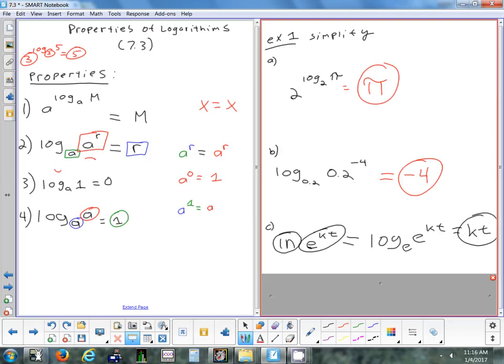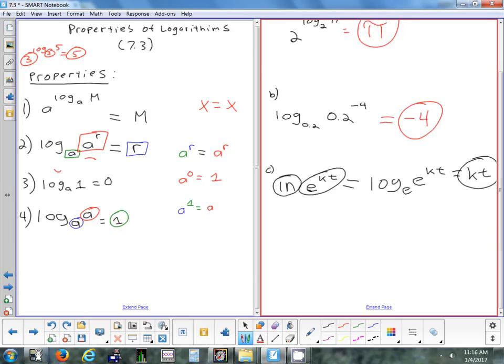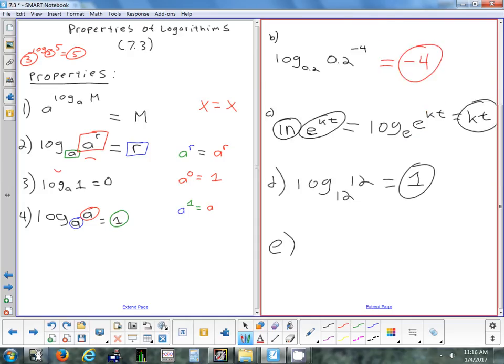All right, I didn't do one for rule 3 or 4. Let's take log base 12 of 12. Marquise, what would log base 12 of 12 be? Rule 4. Yep, that's rule 4. And the answer would be 1. And let's do log base 7 of 1.